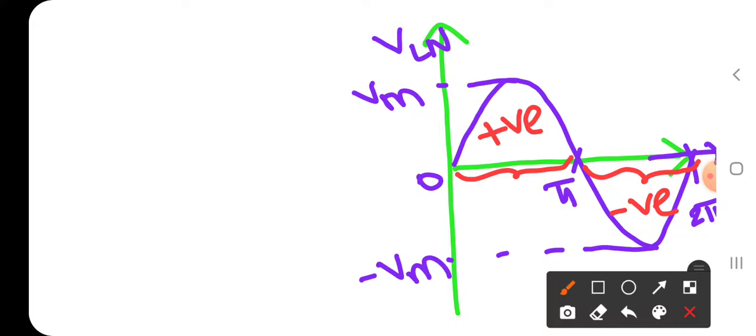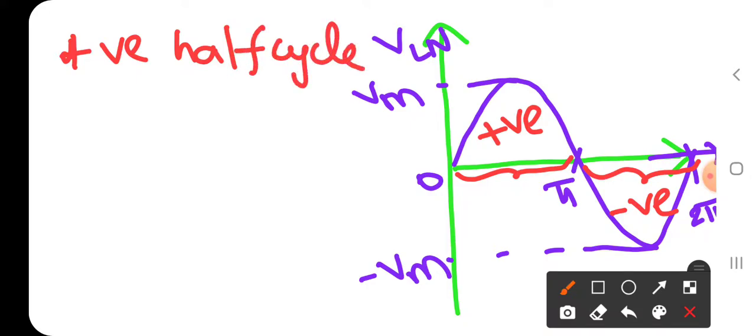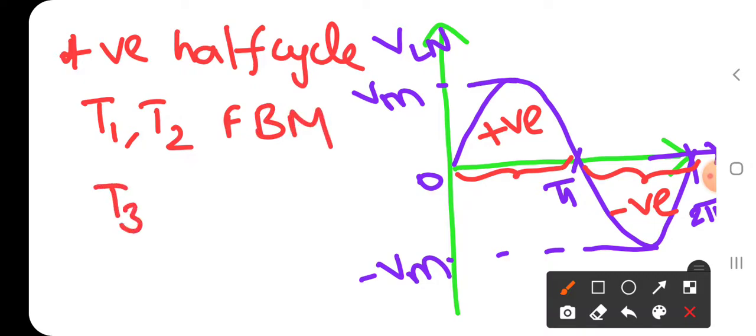During the positive half cycle, T1 T2 are in forward blocking mode and T3 T4 are in reverse blocking mode.